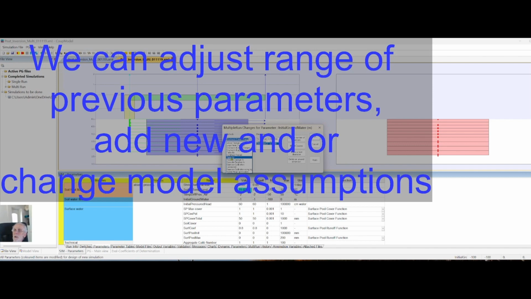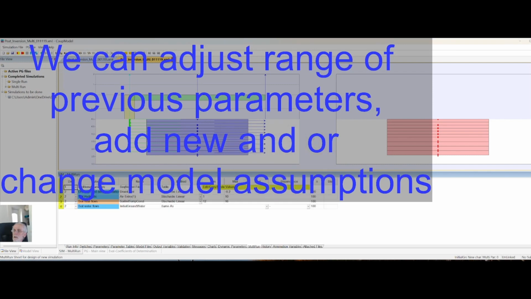We had already before the drain level in the Multirun setup, and now we could use that to also make that consistent with the initial groundwater level. So I click this, and then you see now, we can take this away.